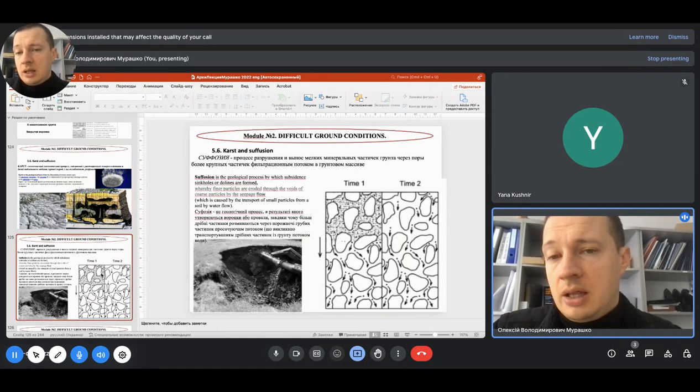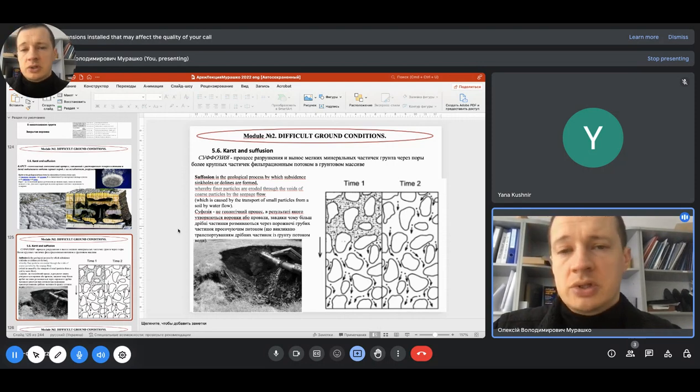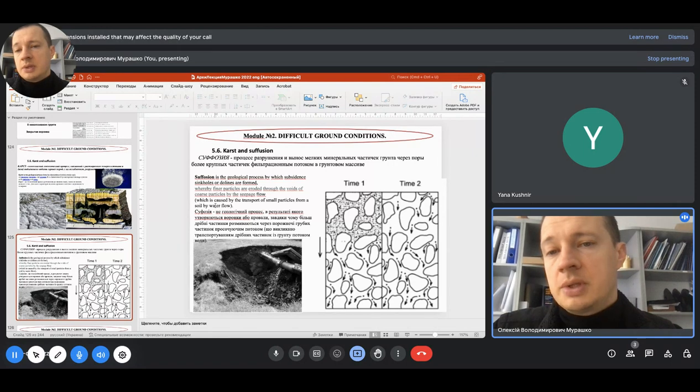From another point of view, we can find subfusion. What is subfusion? Subfusion is also a geological process, but we can find the subsidence of sinkholes or lines which are formed by particles which are eroded by the water flow.